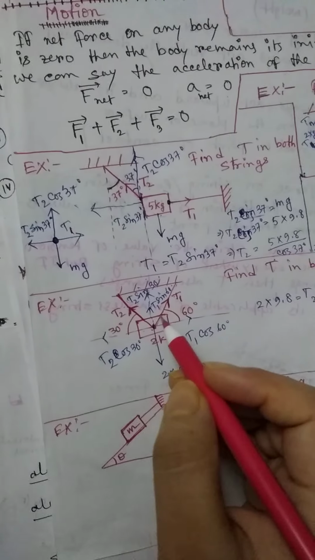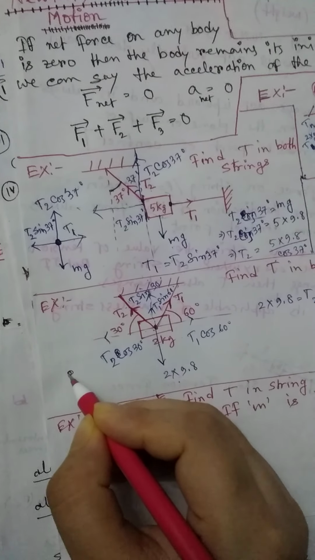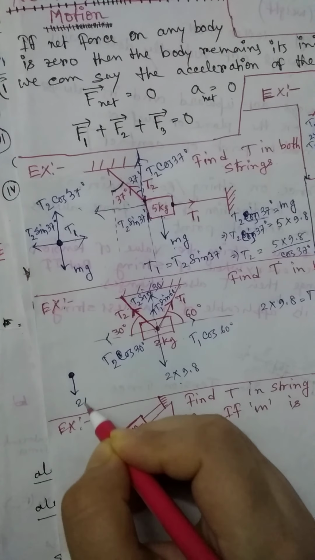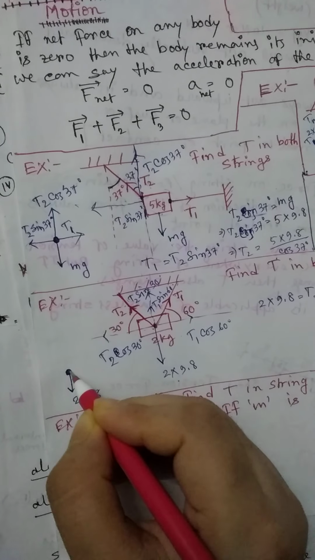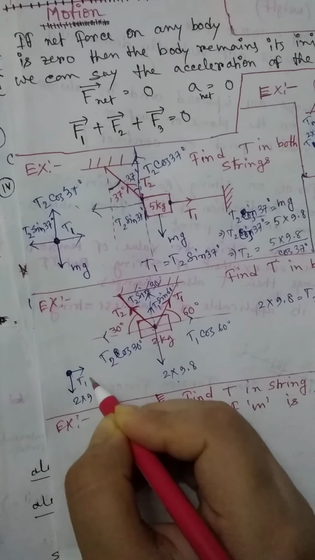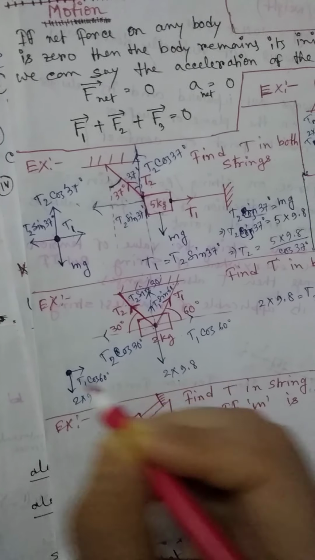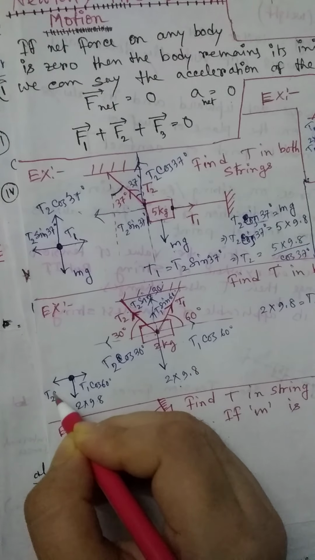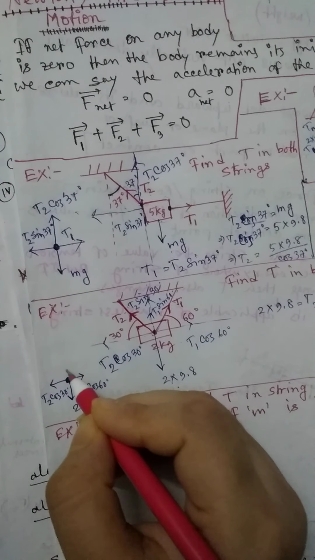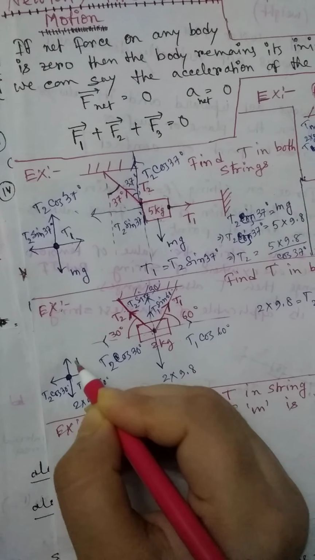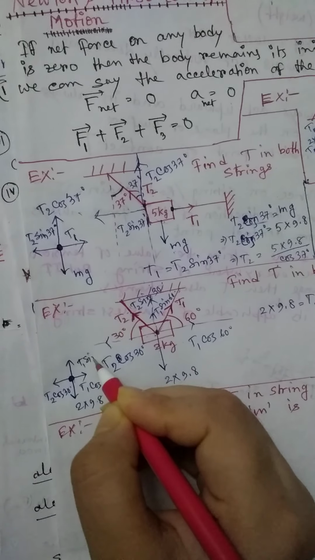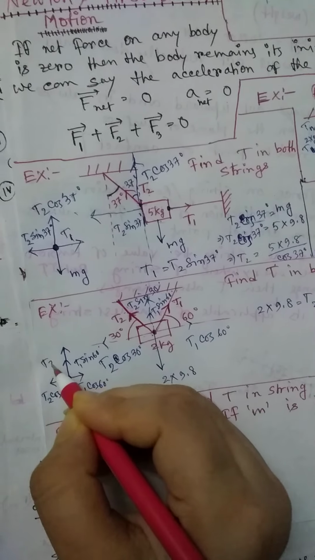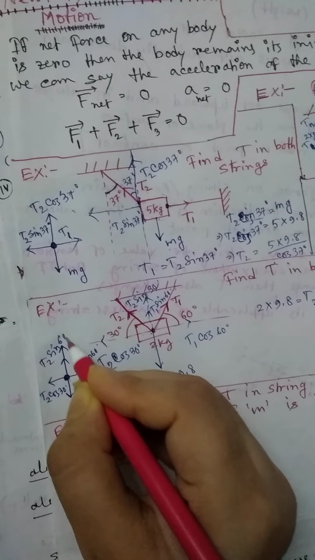Okay, what about the free body diagram of this body? Just take this body as a point, and this is 2 into 9.8. Along this direction T1 cos 60, along this direction T2 cos 30, and along this direction T1 sine 60, and also T2 sine 30.